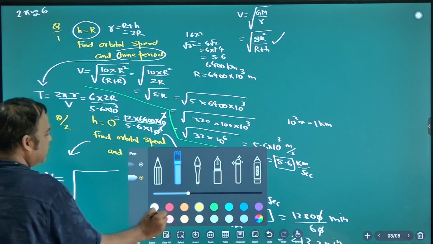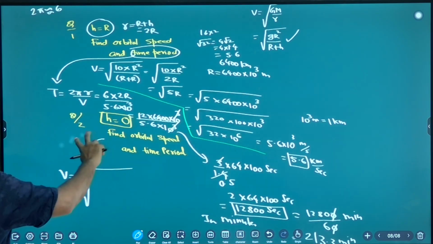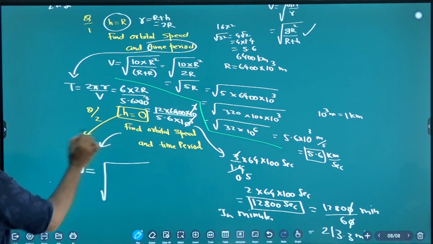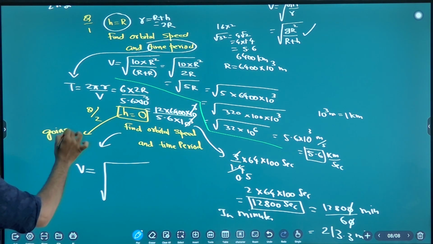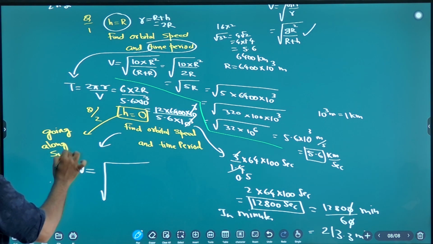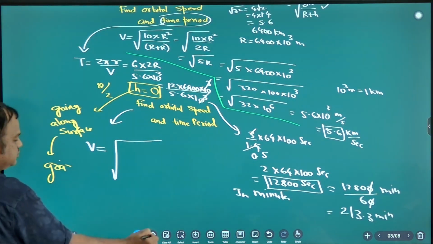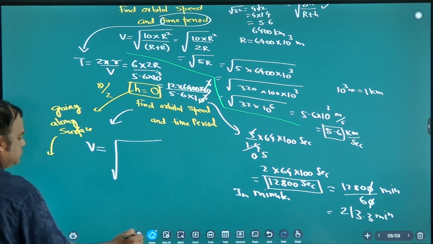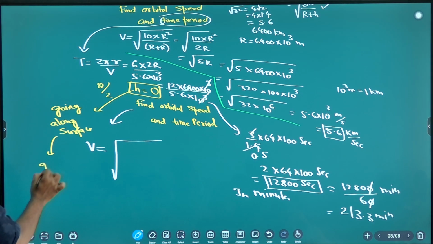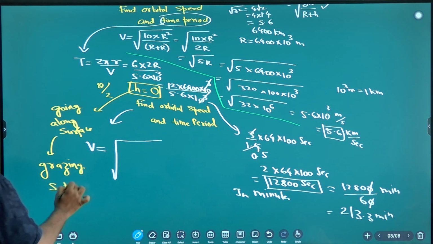So this is known as a grazing satellite.